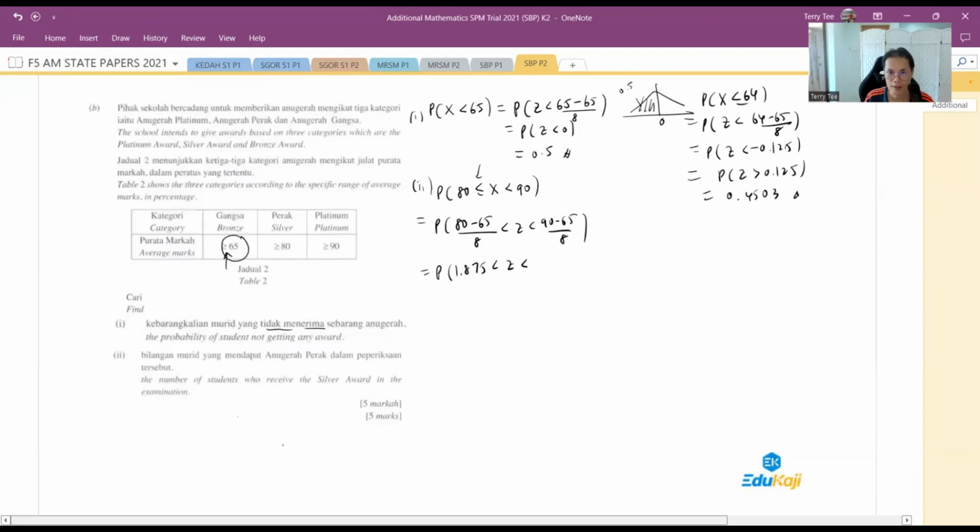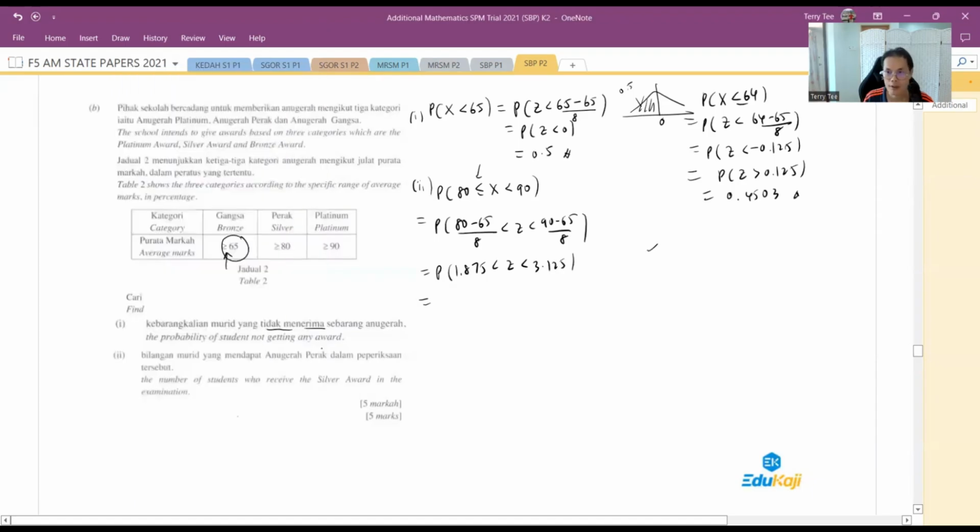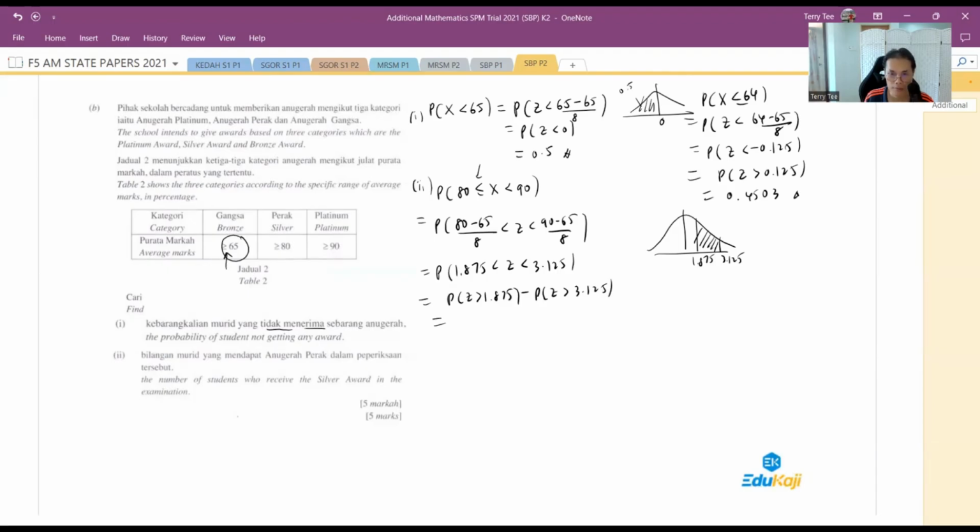And 90 minus 65 divided by 8 is 3.125. So both are on the right-hand side, 1.875 and 3.125, and this is your area in between. We know this will be z more than 1.875 minus z more than 3.125. Take the area in between.